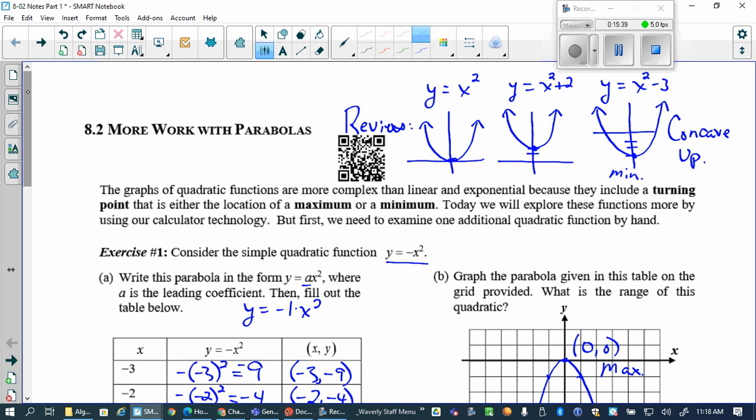So now listen, we're looking at how these things change, right? So yesterday, just tacking on something at the end, plus something or minus something, does what to the graph? When you just add or subtract something at the end.